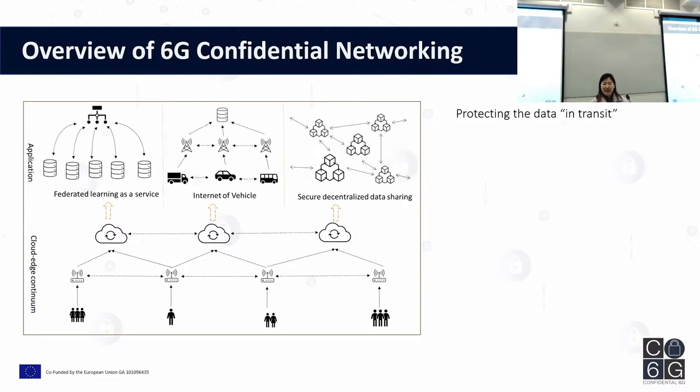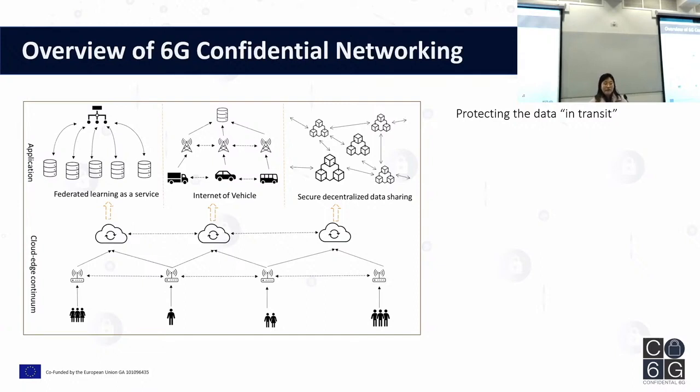The use case is in these three applications. The most popular one may be, as we always talk about, federated learning as a service, and Internet of Vehicles or secure decentralized data sharing are the main research focuses.